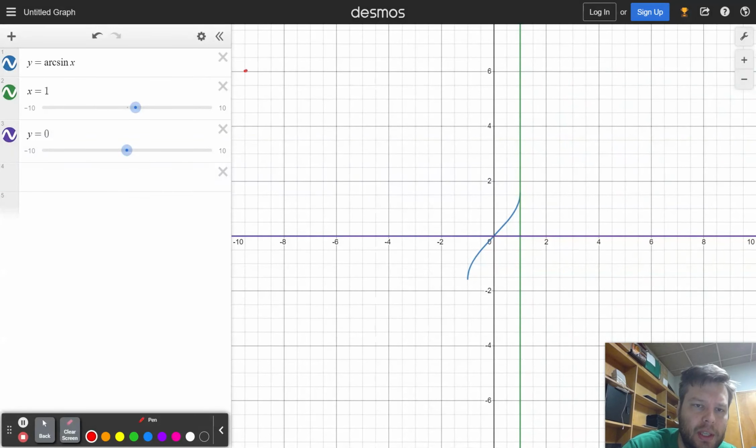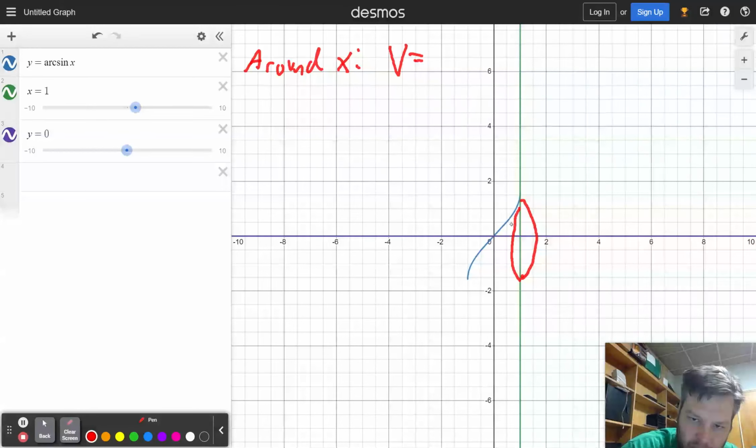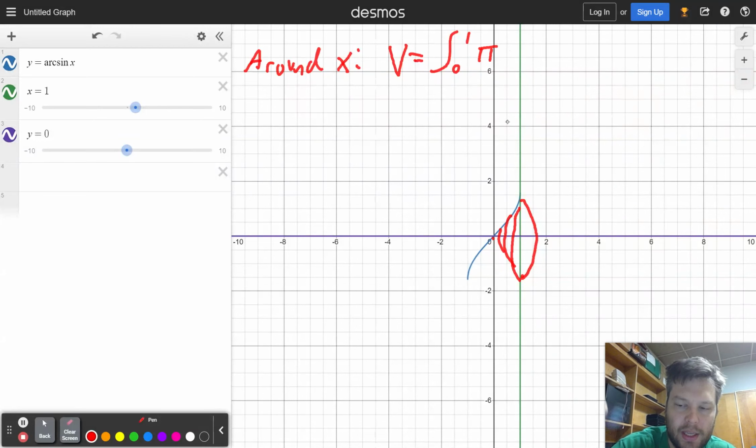So if I wanted to rotate it around x, it kind of carves out this sort of shape here. Then the volume of that solid would be the integral from 0 to 1 of pi, and each of those is a circular disk, and the circle has a radius of arc sine of x, squared, and each disk has a width of dx.